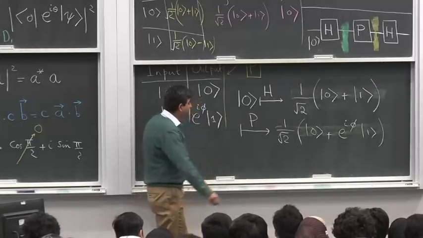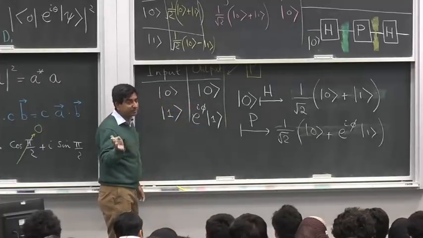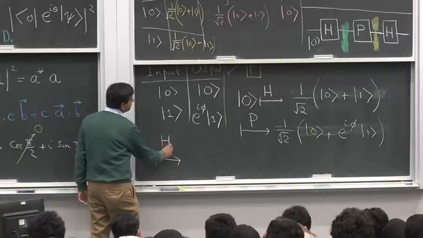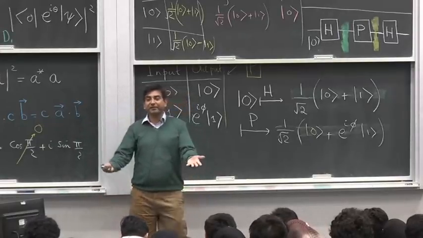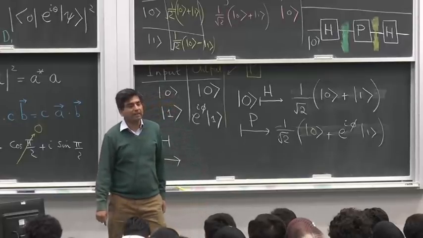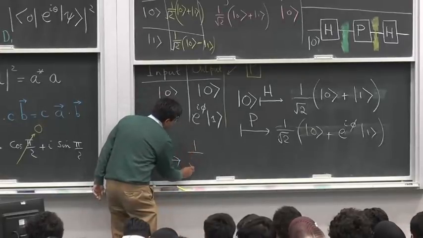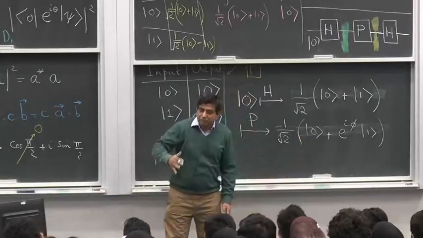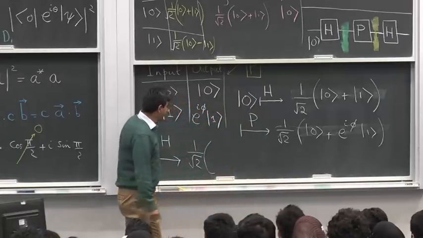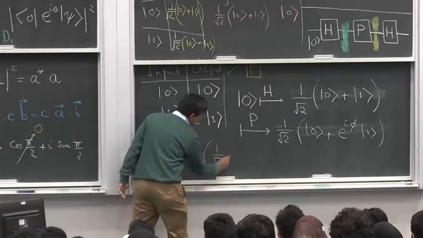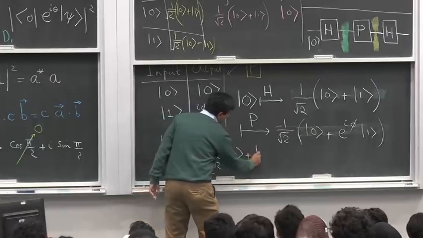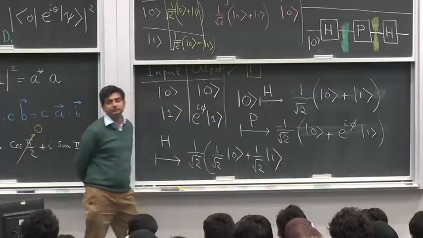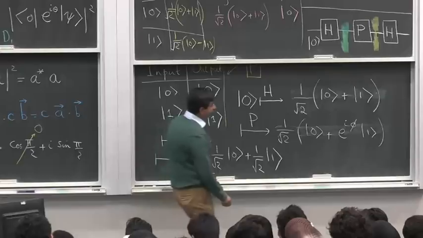Now this is an important point, by the way. I just breezed through it, but it's important. Now what I would like to do is feed this state into the second Hadamard gate, which gives me an interesting outcome. The 1 over root 2 factor remains what it is. Ket 0 is now transformed once again by the Hadamard gate into 0 plus 1. And then this is a phase factor.